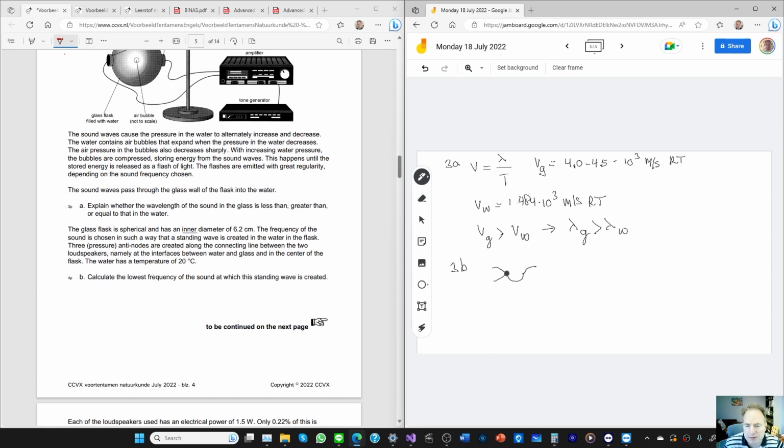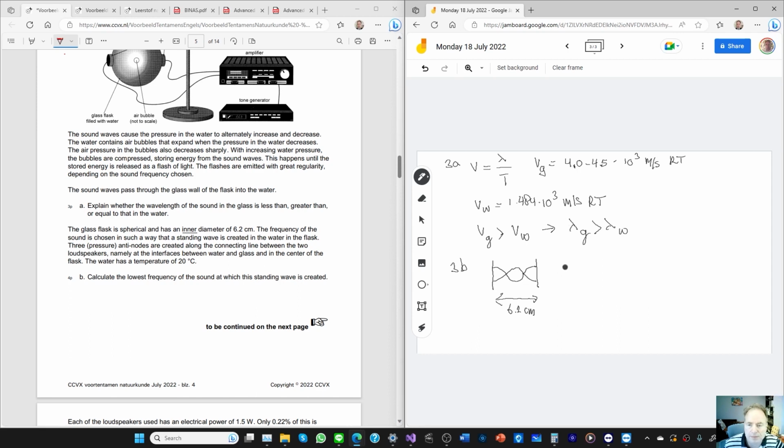Remember, antinode is where the amplitude is maximum. And then say this is the boundary or interface with the glass. And this is 6.2 centimeter. And this is basically one wavelength, or the distance here between nodes is half the wavelength.